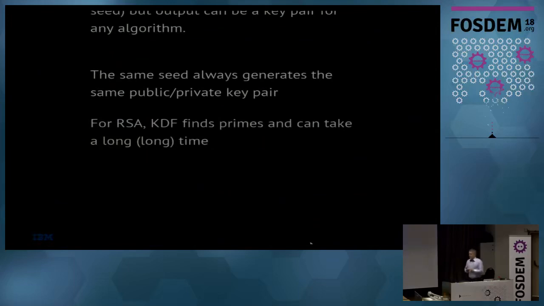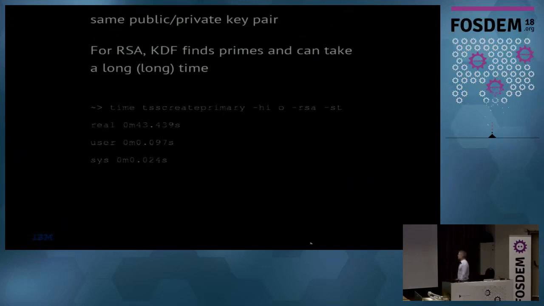The problem with these key derivation things is that for RSA, the key derivation function involves finding prime numbers. And the TPM itself is a very small, very slow mathematical engine. It takes it a long time to find prime numbers. This means that if I actually, TSS create primary is the command you use to tell it to go from the seed to an incarnation of the public-private key pair.